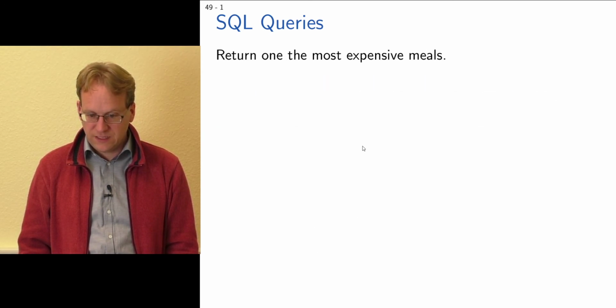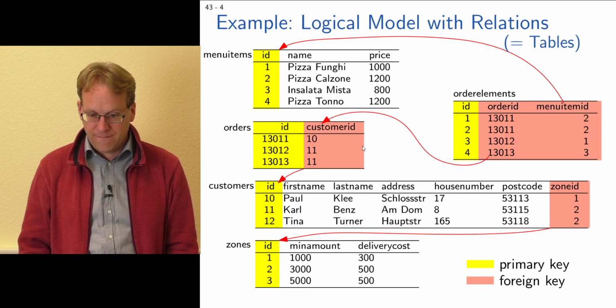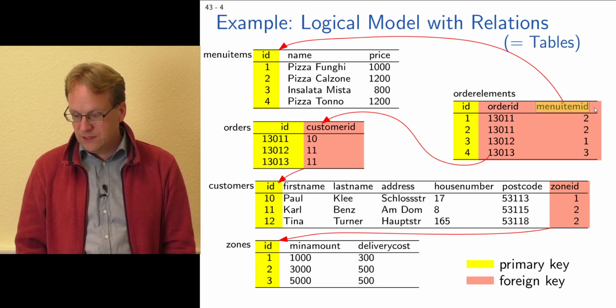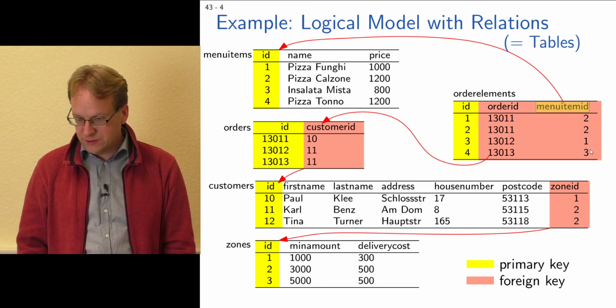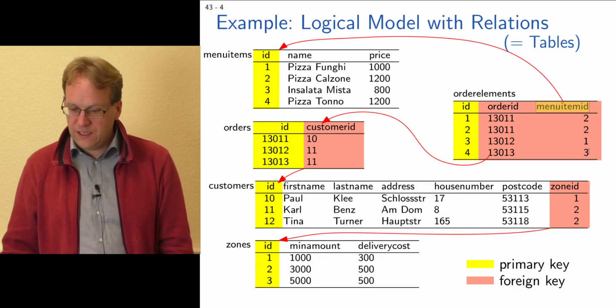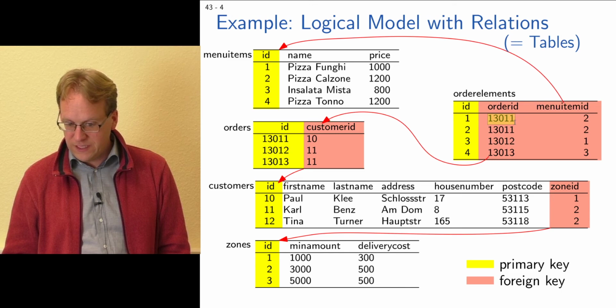I'm going back in my slides. Here. I'd like to group, first of all, by menu item ID, meaning I have 3 different groups, 2, 1, and 3. And for each group, I compute the minimum of the order ID, namely 13011, 13012, and 13003.